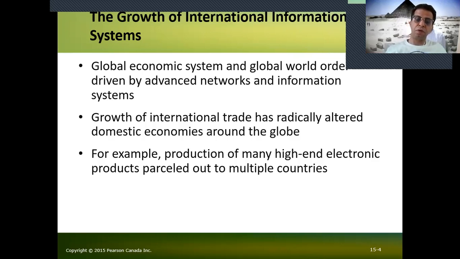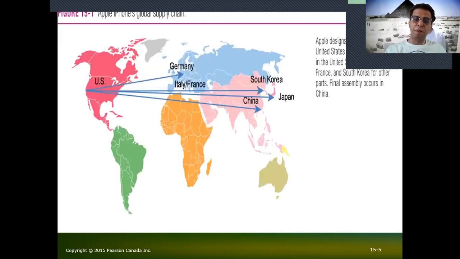For example, the production of many high-end electronics products is parceled out to multiple countries. As an example, we look at Apple.